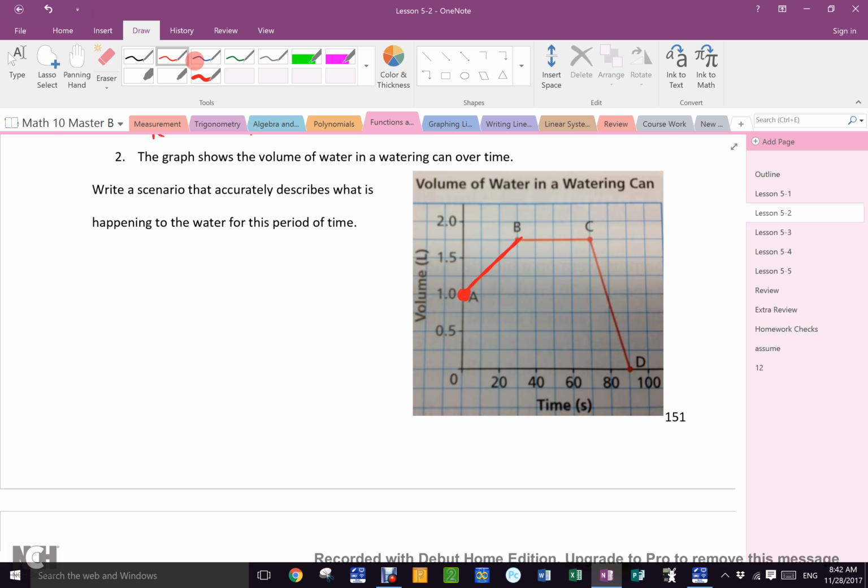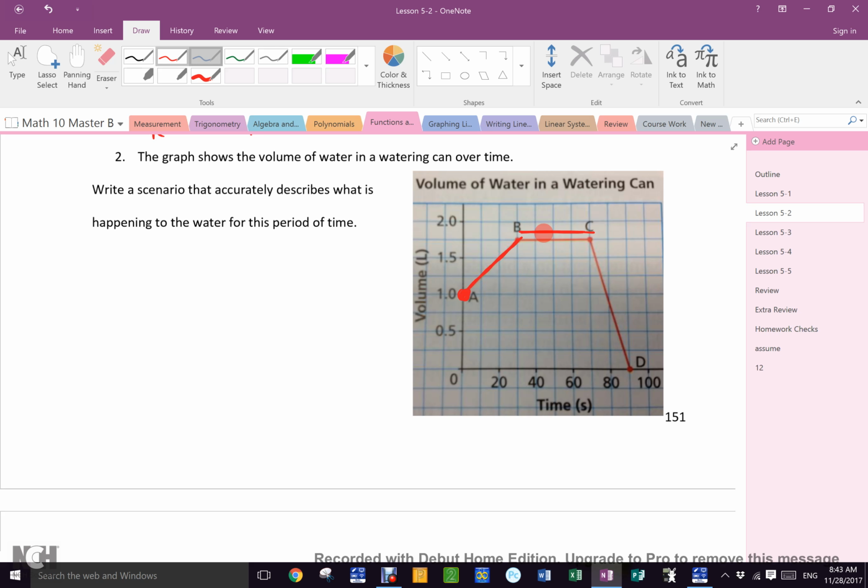Okay. What is happening in this part? From B to C. So what is happening? Time is passing and nothing is happening to the water in the watering can. Right? So for 30 to 70, for 40 seconds, nothing happens to the water.